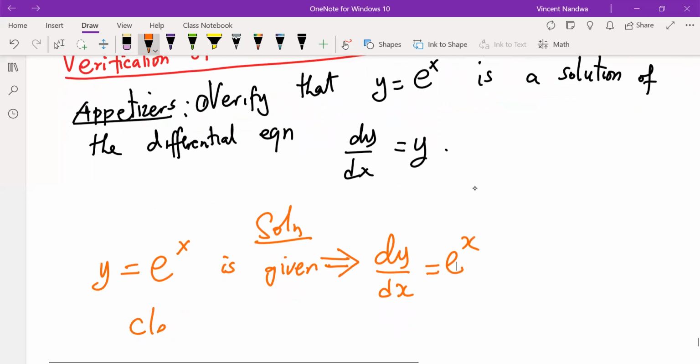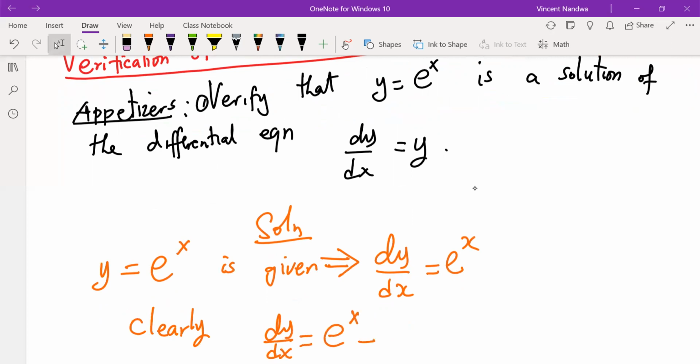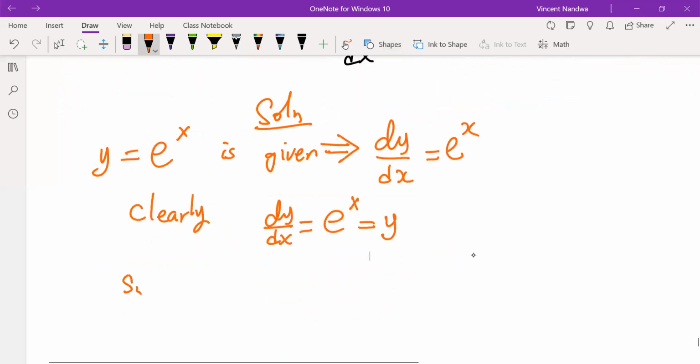So clearly, dy/dx, which is the same as e raised to the power x, is the same as y. So y equals e raised to the power x is a solution.